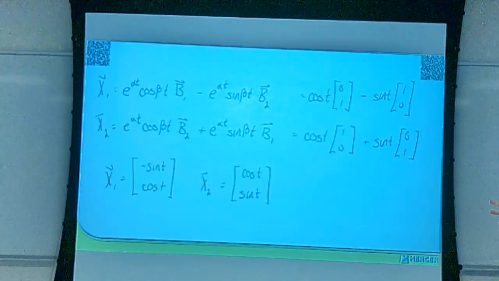Now your fundamental matrix is just a matrix where column 1 is x1, column 2 is x2. So let's go ahead and get that in.